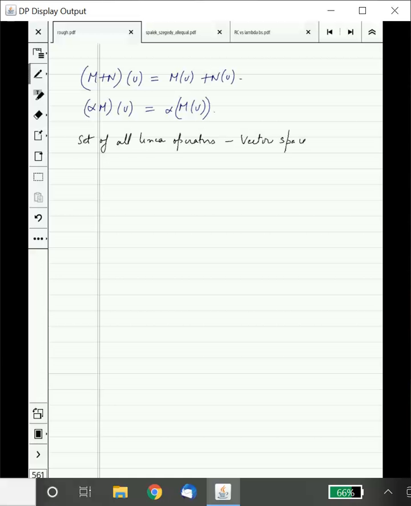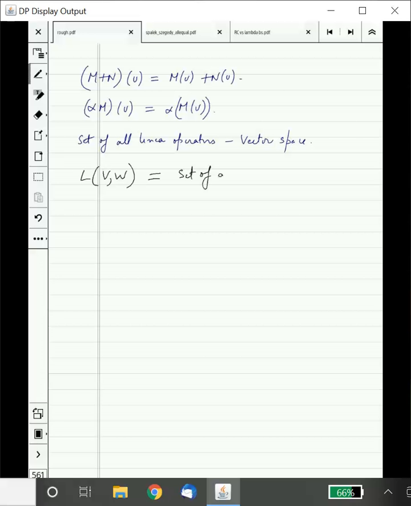Last time we saw that we can define a vector space over reals, we can define a vector space over complex numbers. Here, even the set of all linear operators over a vector space is itself a vector space. If you haven't done it till now, you should go back and see what a vector space formally is. This vector space, the set of all linear operators from V to W, is denoted by L(V, W).